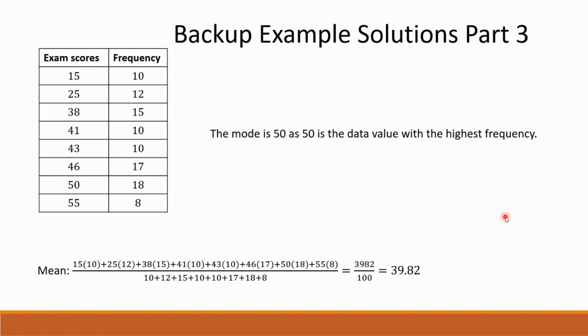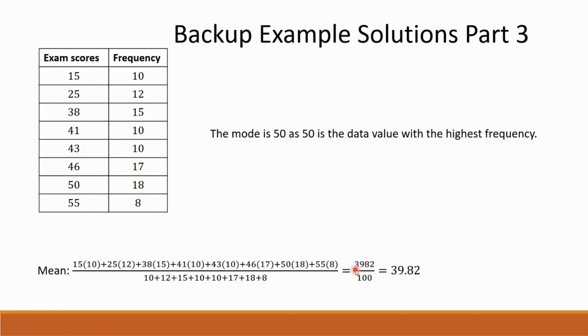So we said the mode was 50. Again, that's just looking at the highest frequency, which is 50 in this case. The frequency is 18. And you get the mean, right? Again, you take each data value and multiply it by its frequency. That's how you get the sum of the data values.